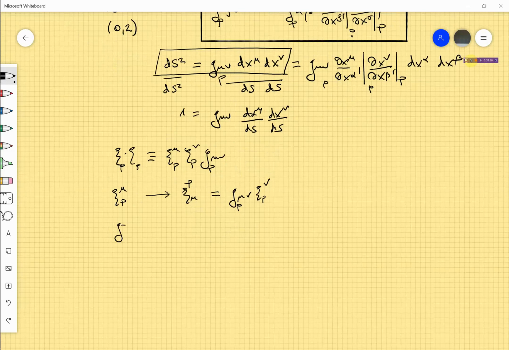So the components of the inverse metric are usually denoted by upper indices. And this is natural because they transform contravariantly when the components of the standard metric transform covariantly. They are defined by this property, and also in the reverse order.